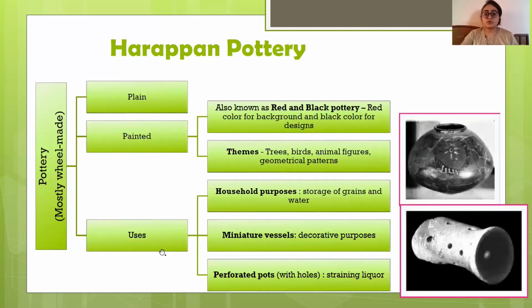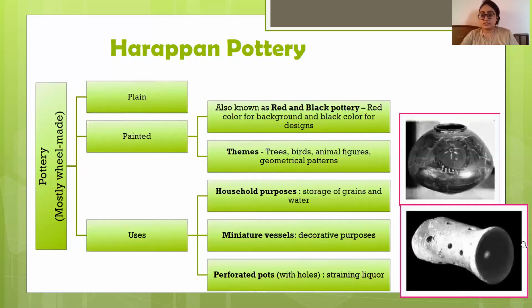Now what were the uses of these potteries? There were three uses: household purposes, miniature vessels and perforated pots. Household purposes, like when you want to store something, water storage, grain storage or something else. Then there were miniature vessels, small pots which were used for decorative purposes. Till date also we use such miniature vessels to decorate our houses. Then we had perforated pots which had holes.